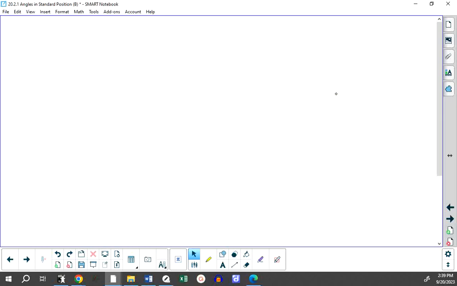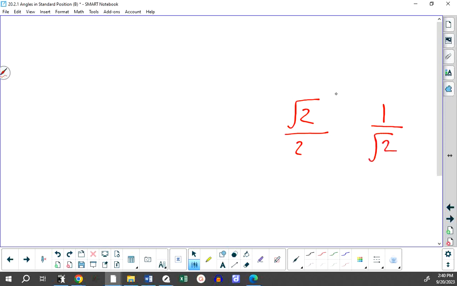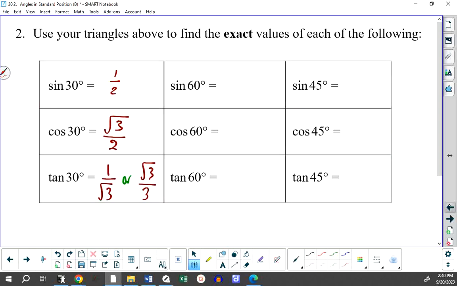Root 2 divided by 2 is the same as 1 over root 2. 1 over root 7 is the same as root 7 over 7. And sometimes we will see it written as 1 over root 3 here. Sometimes it will be root 3 over 3.